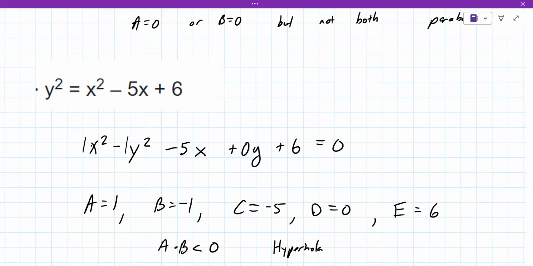Anything else that the teacher wants from us for number 10?